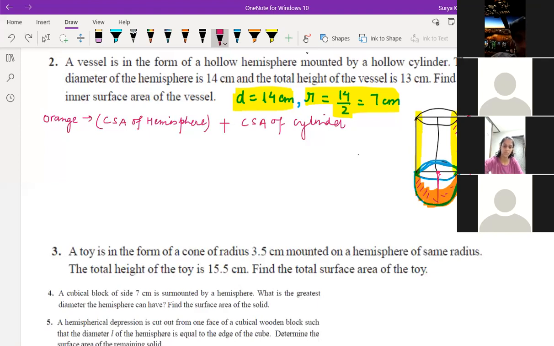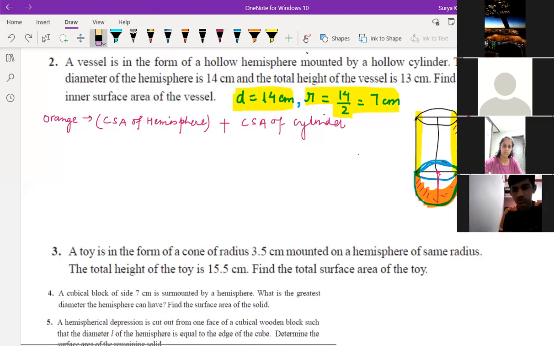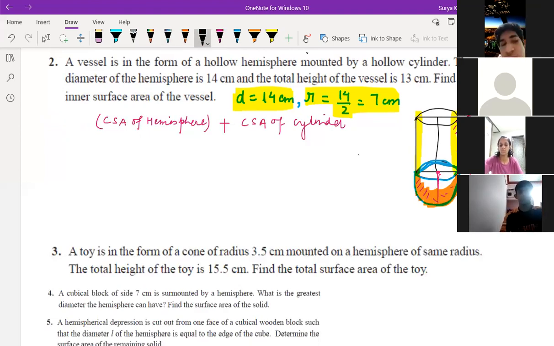Sir, so we are adding here CSA of hemisphere plus CSA of cylinder. So we can write here, inner surface area of vessel is equal to CSA of hemisphere plus CSA of cylinder.